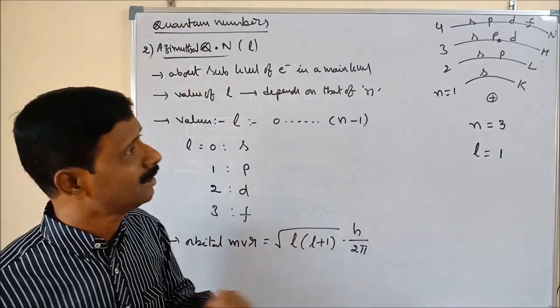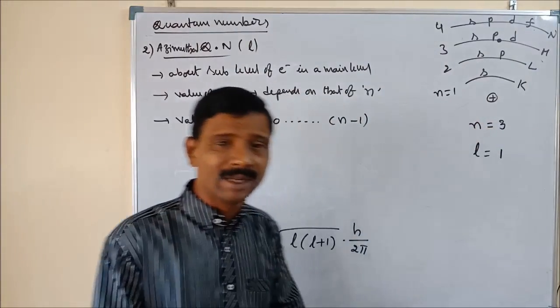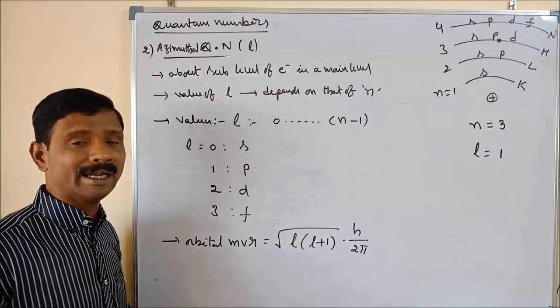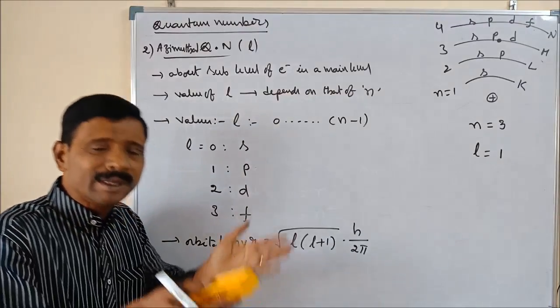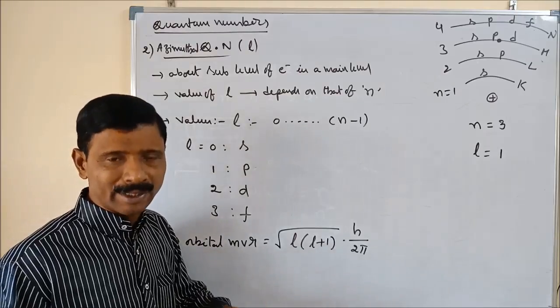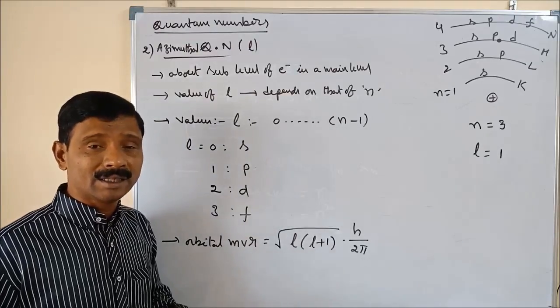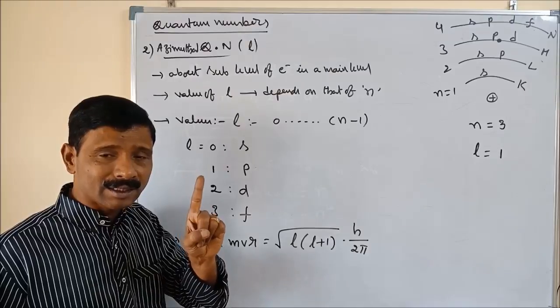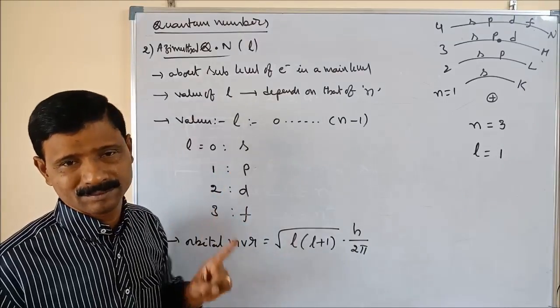But after that, in a sublevel, again we have different orientations, means arrangement of the electronic clouds. That is simply what we call an orientation. And after that, each orientation is considered as one orbital.